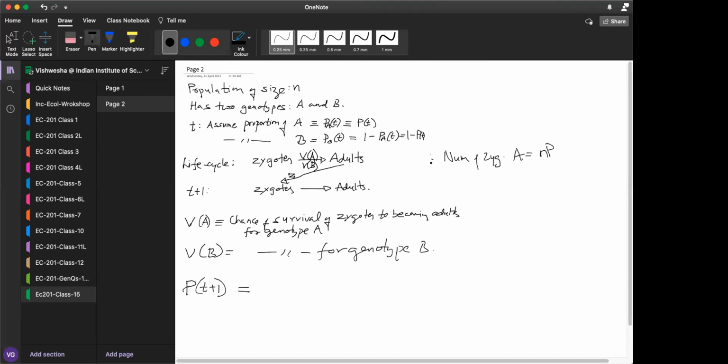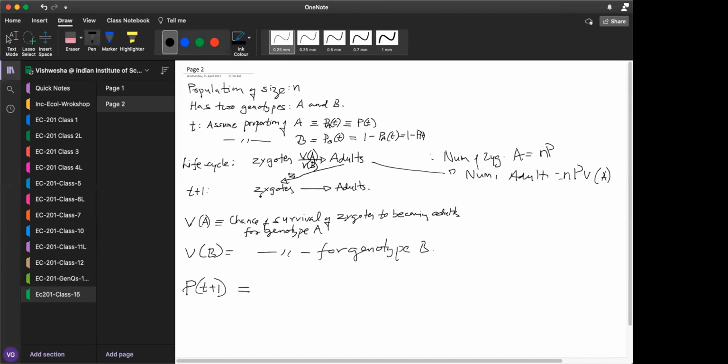Okay, and the number of adults will be n times P times V of A, is that right? And each of them will produce Z zygotes, right?